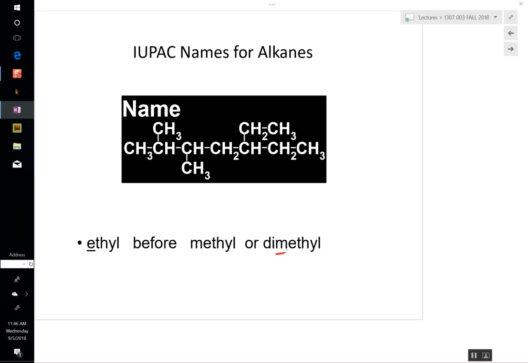This is where you start saying, okay, how do I apply these rules? Let me piece it all together. Rule number 1, what's the longest chain? Number 2, find the substituents. Figure out what is carbon number 1.